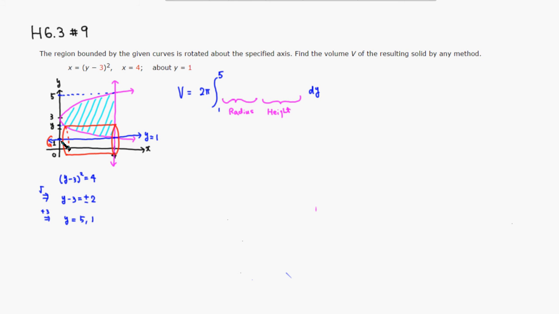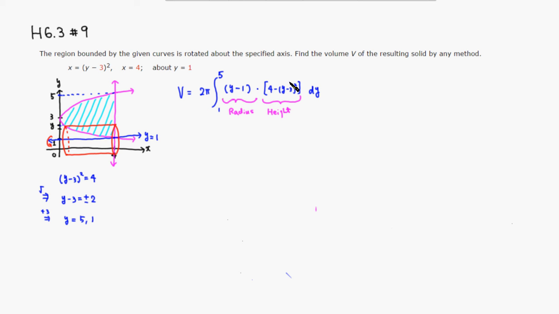From the axis all the way up to y, it's going to be y minus 1, multiplied by the height. The height is the difference between 4 and (y minus 3) squared. So you have 4 minus quantity (y minus 3) squared.